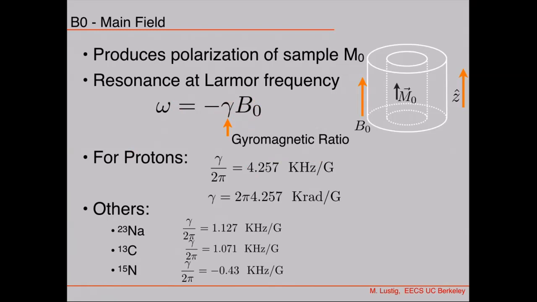And then other nuclei. By the way, N15 is an interesting one. It has a negative gyromagnetic ratio. What does that mean?